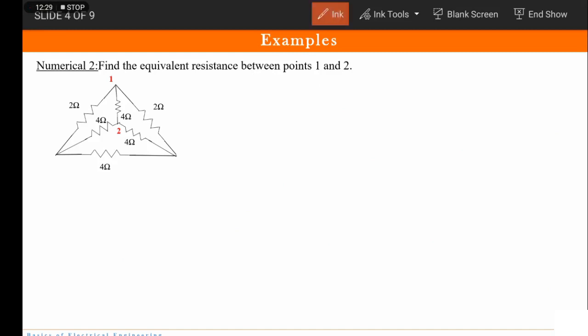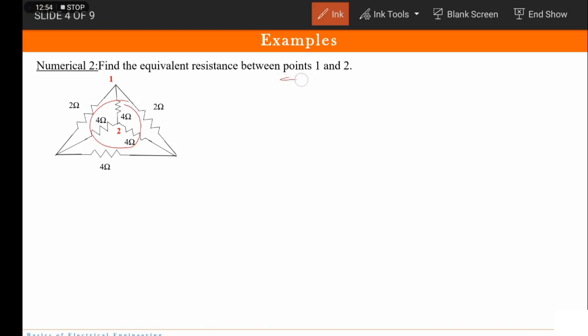Okay. Now this seems to be slightly complicated, but actually it is not. Now what we are going to do is we are going to convert. Do you feel that first we should convert this star connection into delta connection? We can't do that. I'll tell you why.